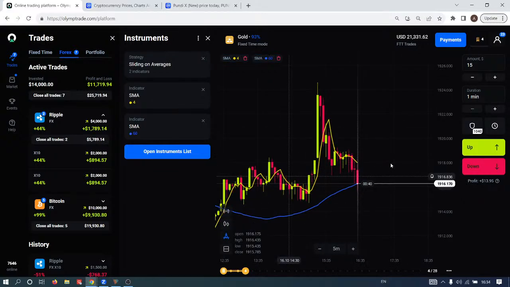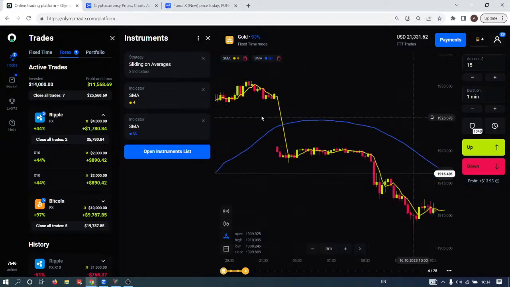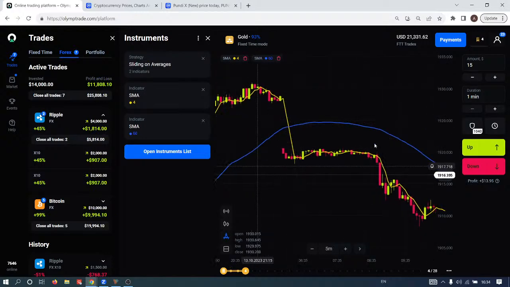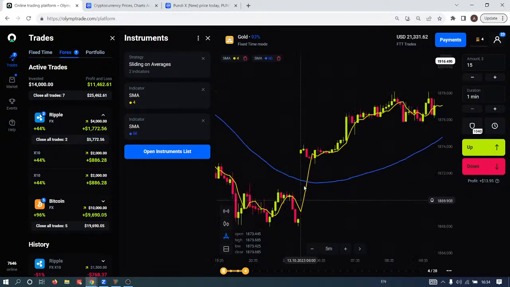And yeah, the signal is simple. Two SMAs cross. That's it. So this one crosses, the yellow one crosses the blue one upwards, bam, that's an up signal. Here is a down signal. Okay, another up signal somewhere here. Yes, after the gap, up signal, and you open a trade. So guys, it's fairly simple, and you don't really have to overcomplicate things.